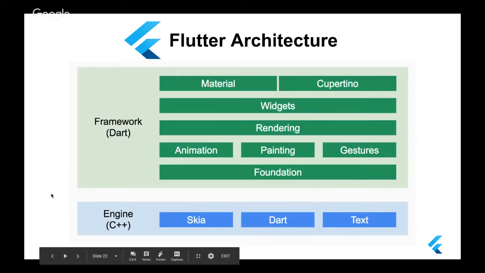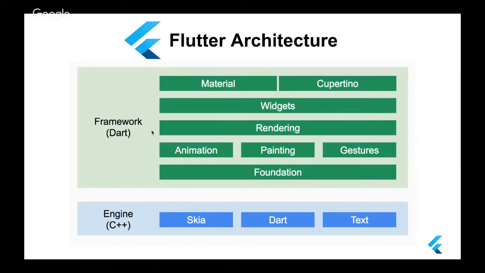So this is the main engine responsible for running your application, and everything else is written in Dart. Even the animation, the things that you use on screen, even the UI elements, the Material Design or the Cupertino style, everything is written in Dart.